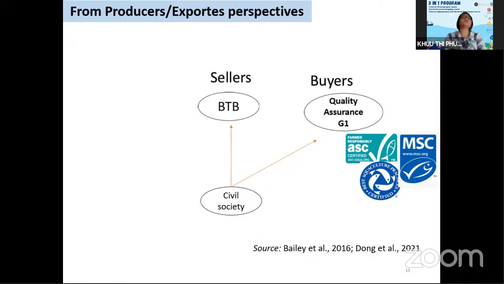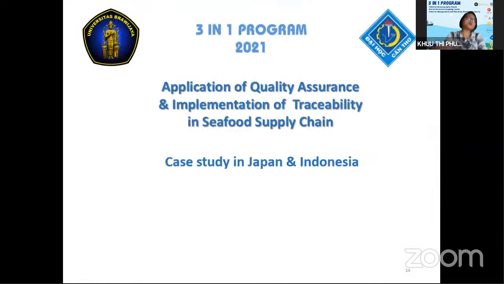I will turn to part 2, and I will introduce the case of Japan and Indonesia. I chose to introduce the small scale fisheries in Japan and Indonesia, and how they can deal with quality assurance.